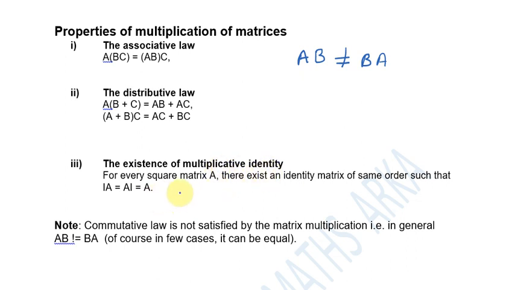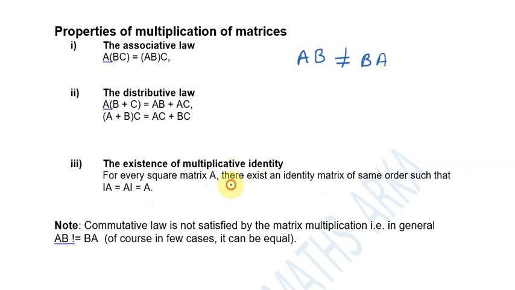The multiplicative identity is a matrix which satisfies this rule: IA is equal to AI is equal to A. Whichever matrix you multiply with this matrix, it shouldn't change, and the result would be equal to A. That matrix is the identity matrix. Hence, the identity matrix is the multiplicative identity for multiplication of matrices.